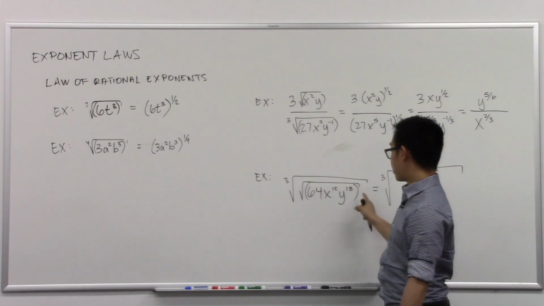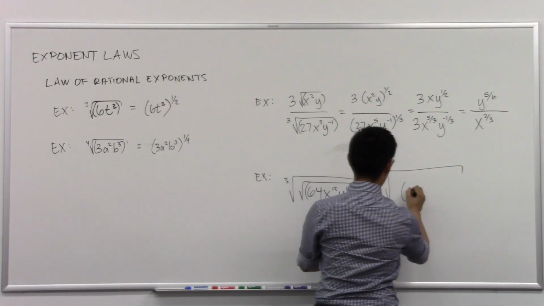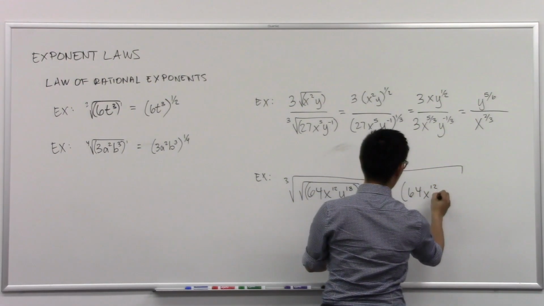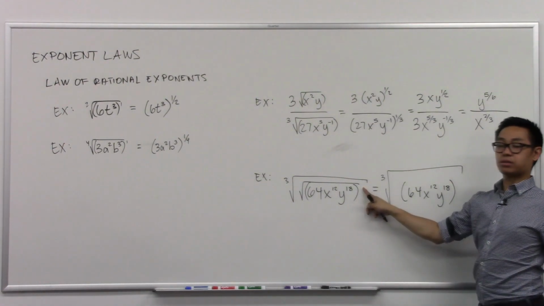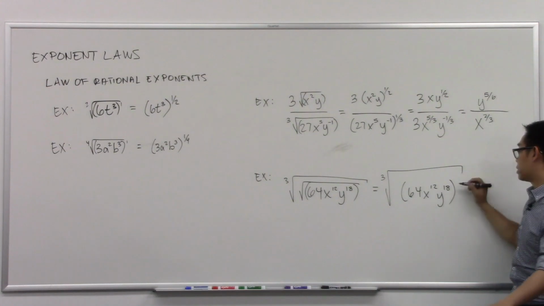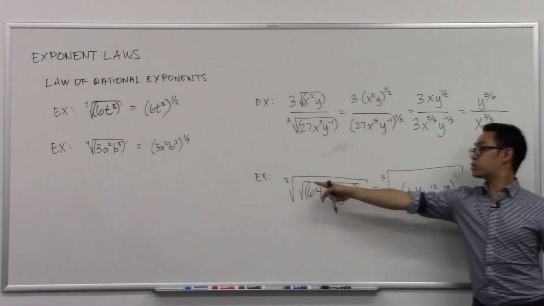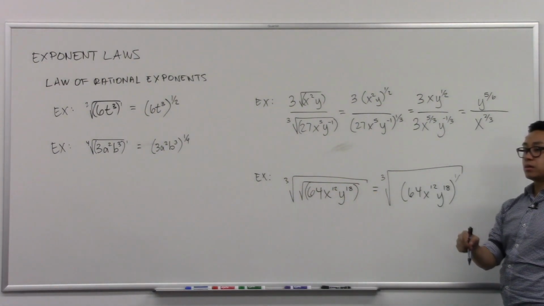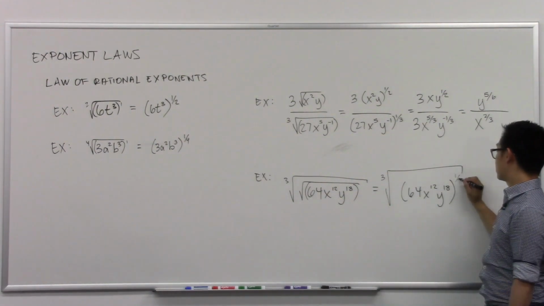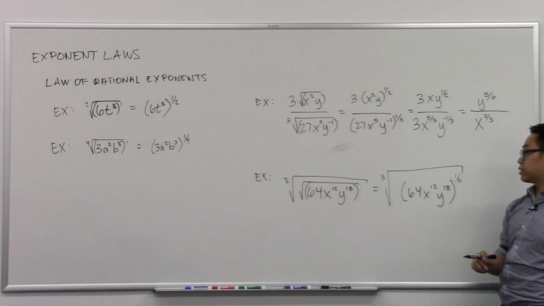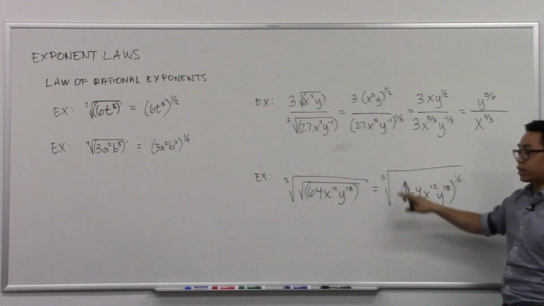Okay? If I think about what this expression is, what's the exponent on the outside? So we know that the base is 64, x 12, y 18. What's the exponent on the outside here? Yeah, it's 1. So that's the numerator. What's the root index on this one? Yeah, it's 2. Okay? From there, I have an expression underneath a root.